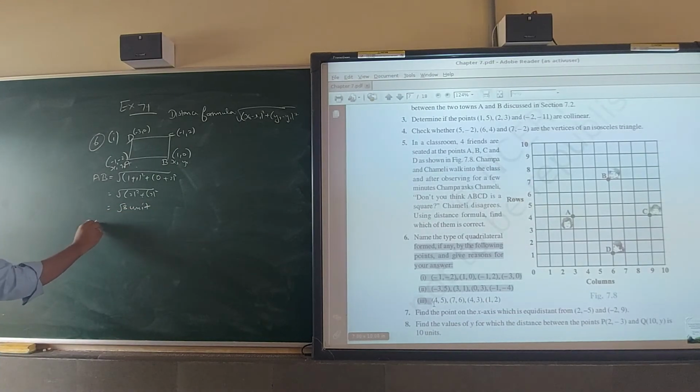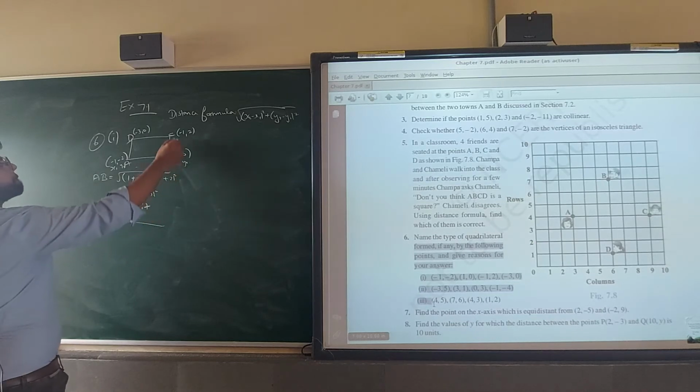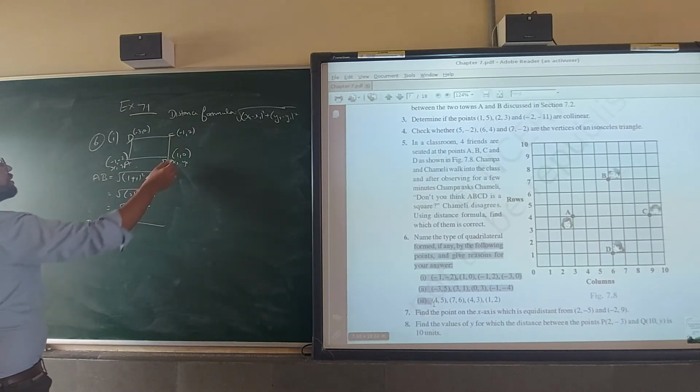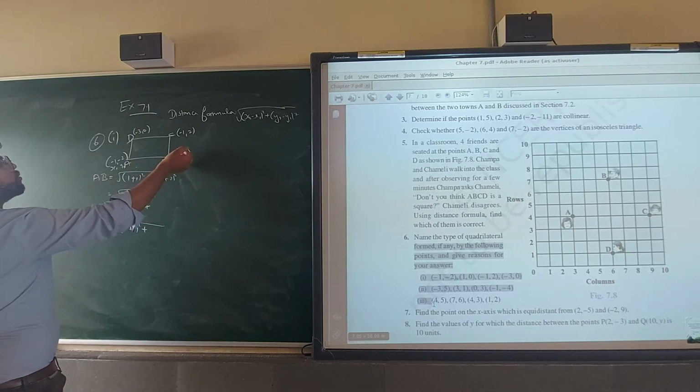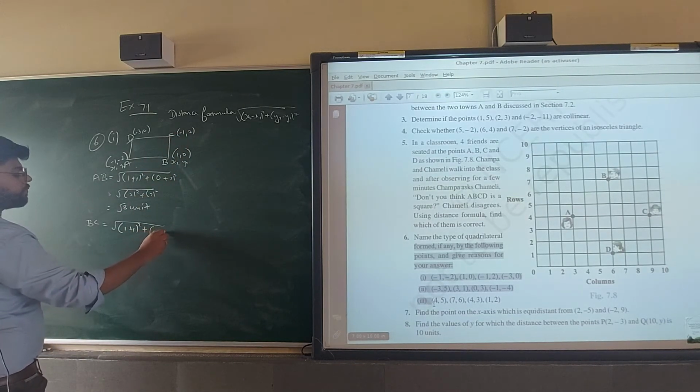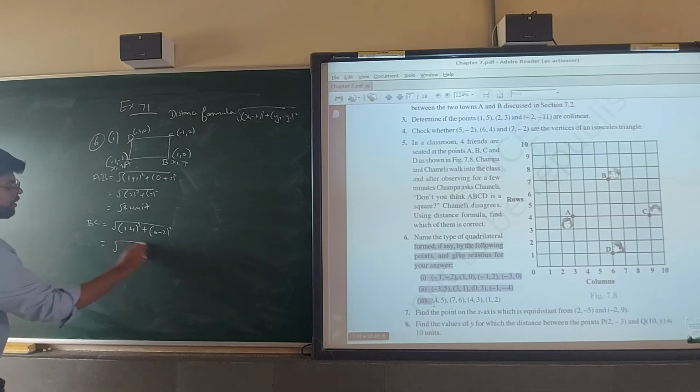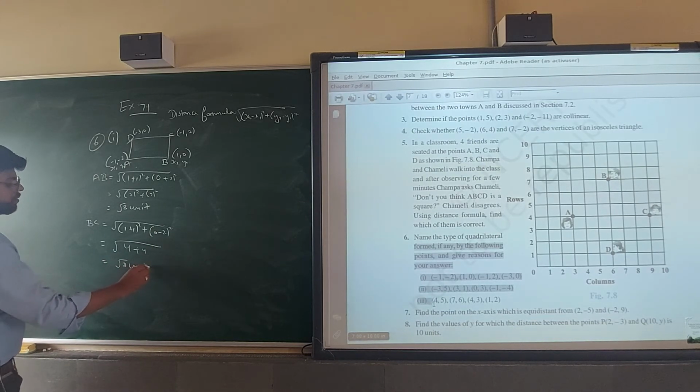Then BC: 1 minus -1 will be +2 square, 0 minus 2 square, again 2 square plus minus 2 square is 4 plus 4, root 8 unit.